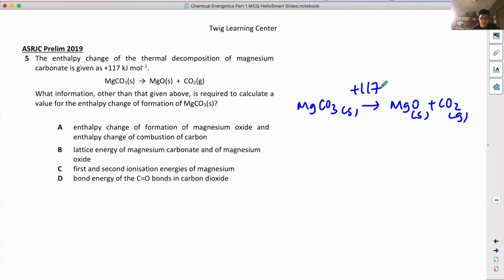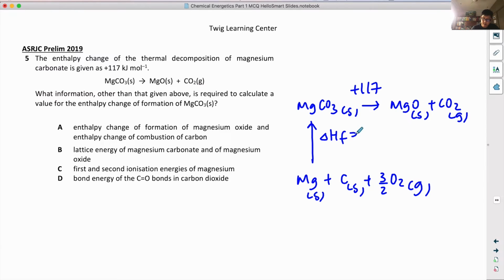They want you to calculate the enthalpy change of formation of magnesium carbonate, which is this one here. So you want magnesium solid plus carbon solid plus 3/2 O2 gas. This is the value that they want.